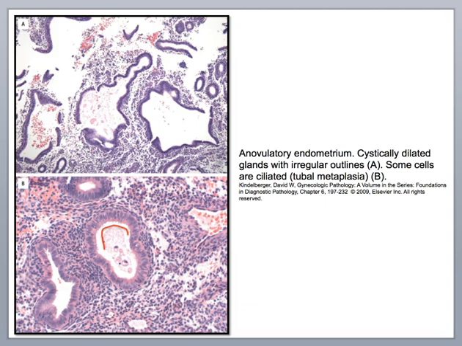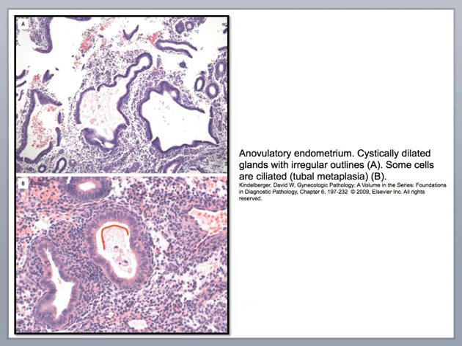Persistent estrogenic stimulation leads to formation of cystically dilated endometrial glands with an irregular distribution, as seen in the top panel. Stromal breakdown may be patchy due to ischemia from focal fibrin thrombi in spiral arterioles. In the absence of persistent estrogen elevation, two patterns may be seen depending on the duration of estrogen exposure.